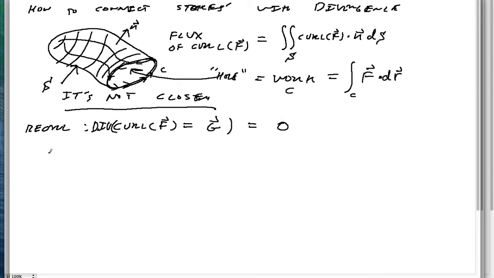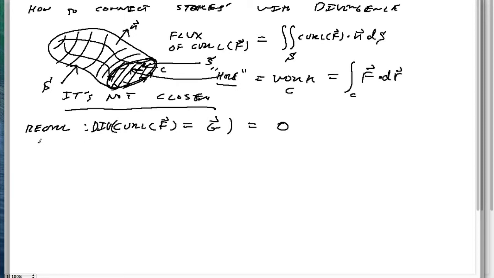So now let's say that if I want to fill in this hole that we have here, I'll just put a plane. I just put another surface that connects to create this. I'm going to call that surface S tilde, right?